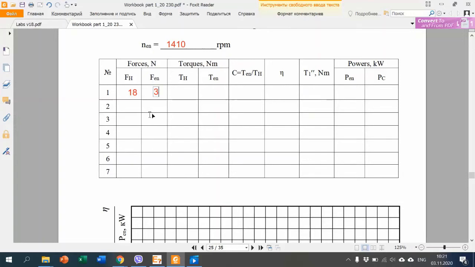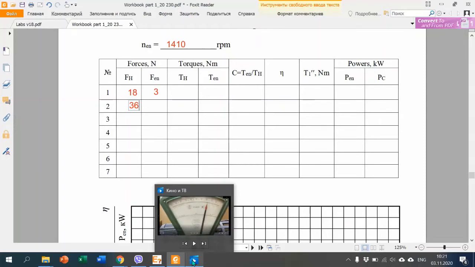Then we applied one more 1 kilogram and 800 grams, so it will be 36 newtons. Let's look at the video to see what result we'll have.